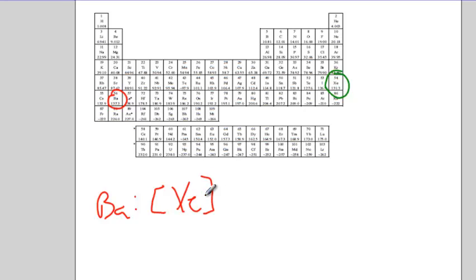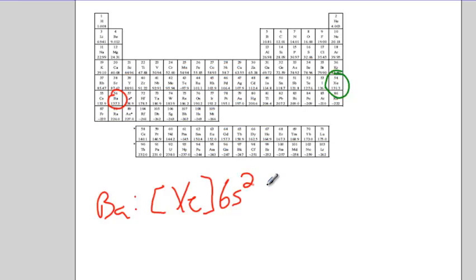So I write xenon in brackets. This is where it's helpful to read the periodic table, because now I need to know what electrons I put after xenon. I'm in the s section, so I know I'm going to end in s. 1, 2, 3, 4, 5, 6. I'm in the 6s. 6s1, 6s2.